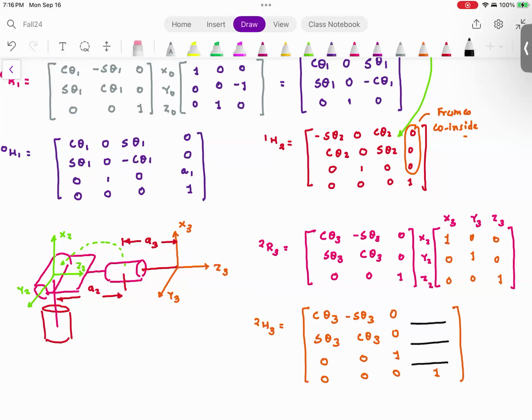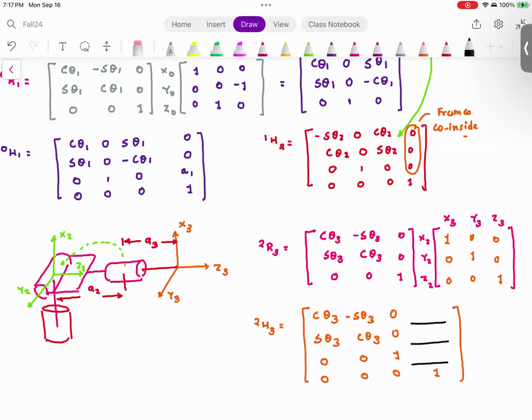Can you see that if I look at my x3 and my x2, my z3 and my z2 and my y3 and y2, the only distance that I have in between coordinate frame 3 and coordinate frame 2 is about z2.